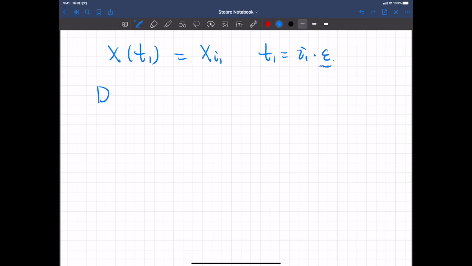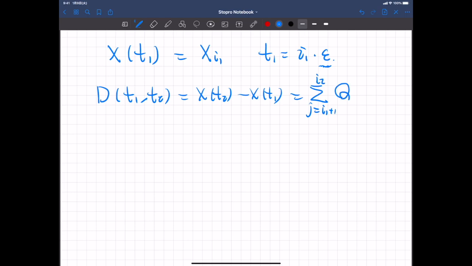So we can define the increment between t1 and t2, that is x of t2 minus x of t1. In this case, it would be the sum of qj for j from i1 plus 1 up to i2.